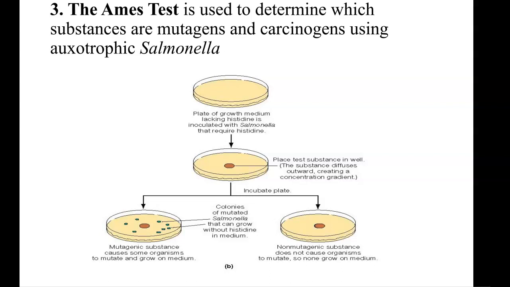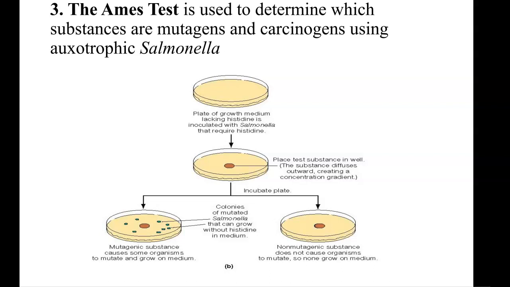This particular auxotrophic Salmonella cannot live without the supplement of histidine. It has to have histidine, this amino acid, in its media because it cannot make it itself. So in order to grow it, you would need a supplemental media with histidine.